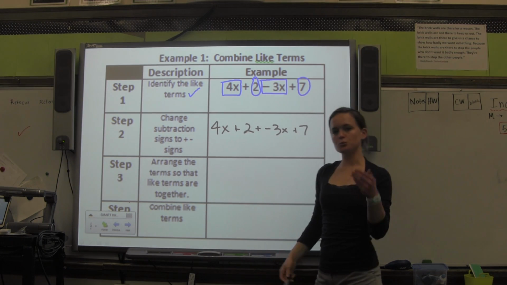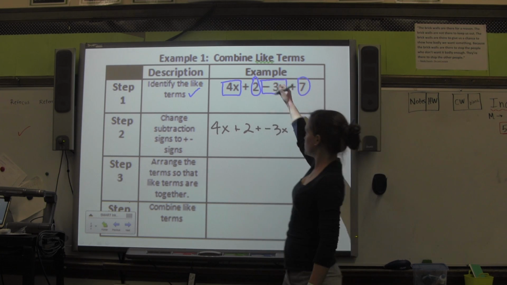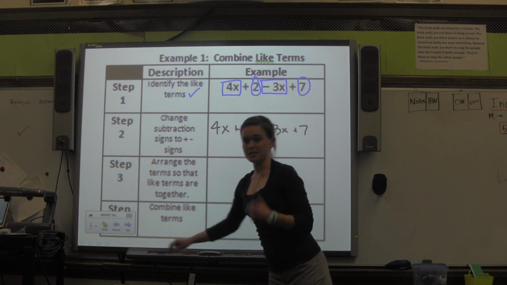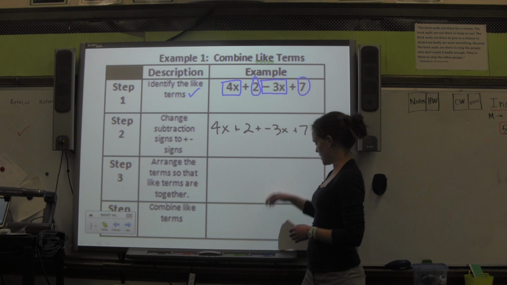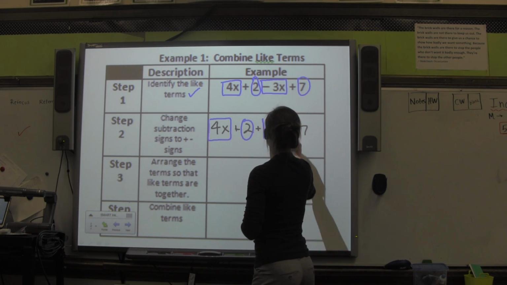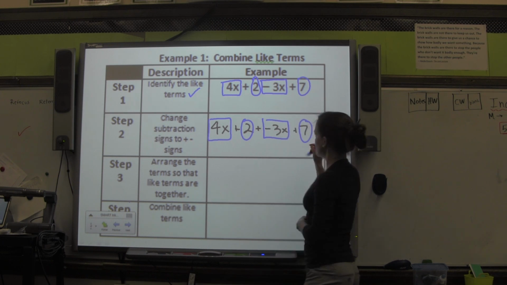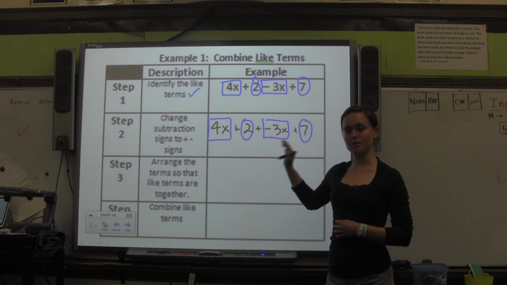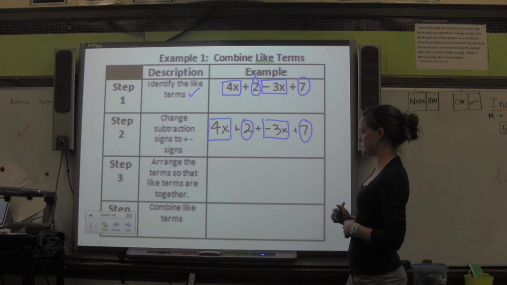I really recommend rewriting your expression here. Don't just try to sneak it in there, because it's easier to make mistakes when you don't rewrite it. So I'll put my shapes around these now. Notice how my terms are now all separated by plus. That's exactly what you want to have happen.